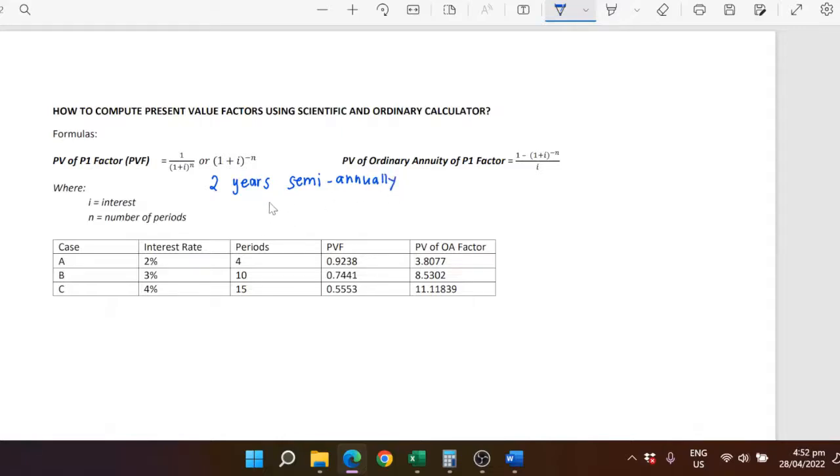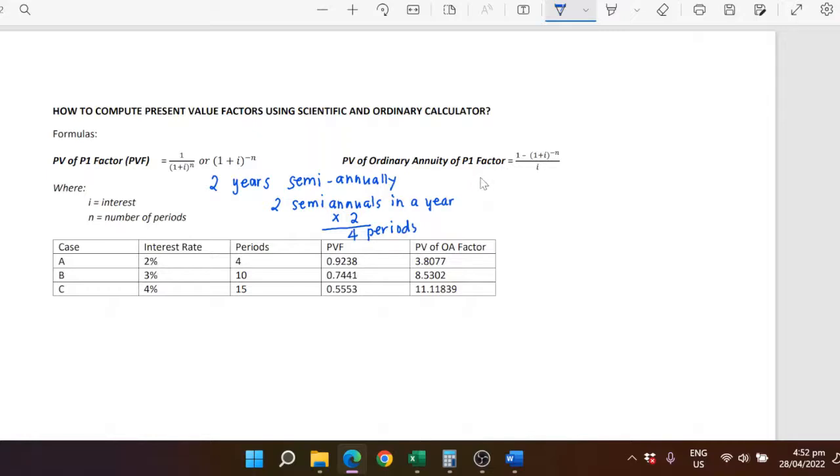Since every year there are 2 semi-annuals, there are 2 six months in 1 year, 2 semi-annuals in a year, and we have 2 years in its terms, so times 2. Therefore, there are a total of 4 periods.